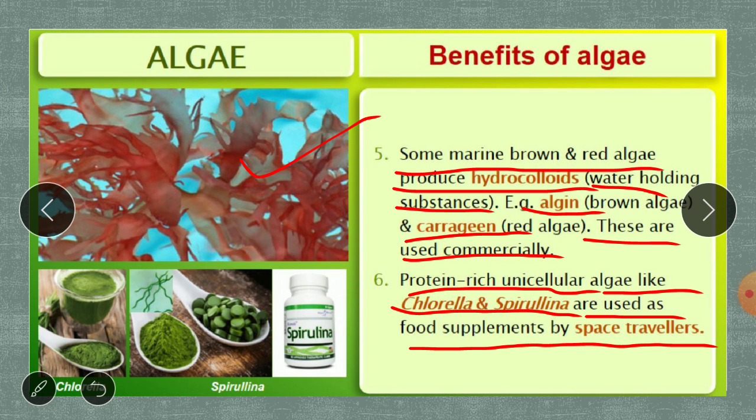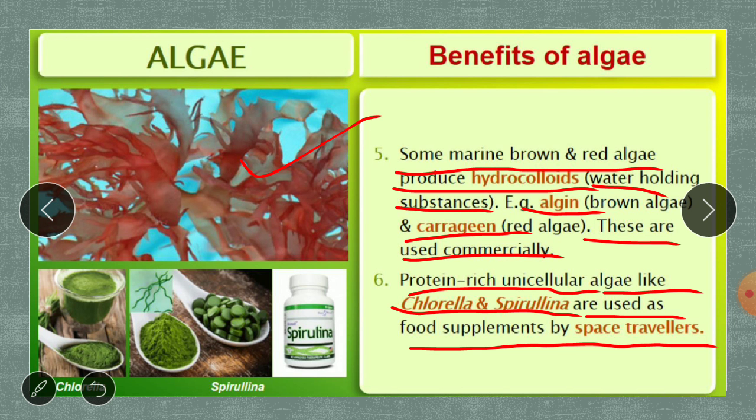Whenever astronauts go into space, they have to give their body enough protein and other substances. But they cannot carry food like egg and meat, because they can't cook and eat all this in space. Yet their body has to maintain the proper protein quantity.